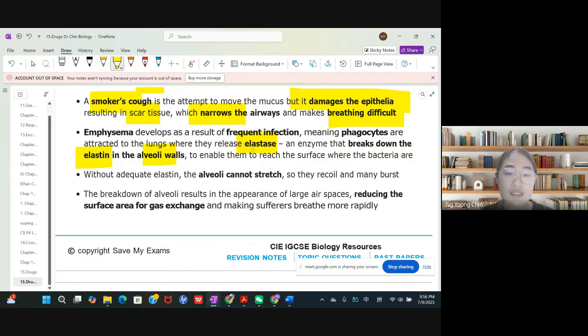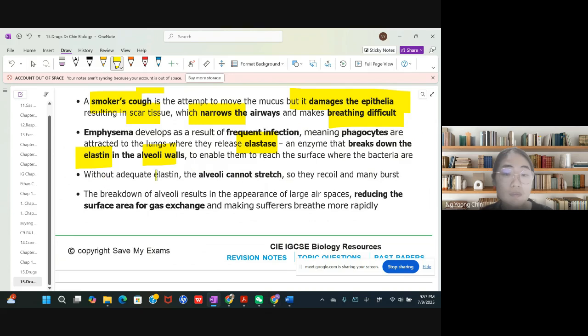When the phagocytes move into the lung, they think there is an infection, and their role is to clear the infection. They secrete enzymes to digest any pathogen. But the enzyme contains elastase, so it breaks down the elastin in the alveolus wall. So what happens? The alveolus becomes ruptured.